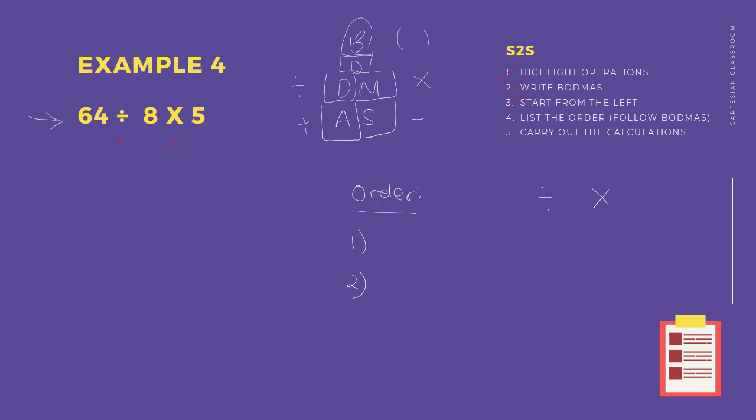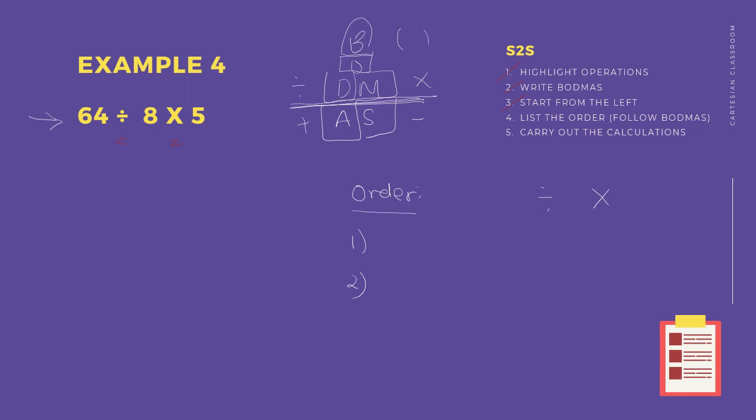Now let's look at our BODMAS. Our BODMAS here says that division and multiplication, they're both on the same level. Nobody is on top of one another. So which one do you do first, division or multiplication? You start from the left. Whichever comes first, then that's the one that you need to do first.